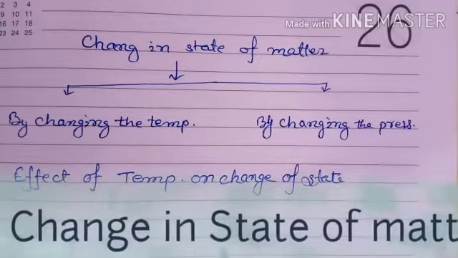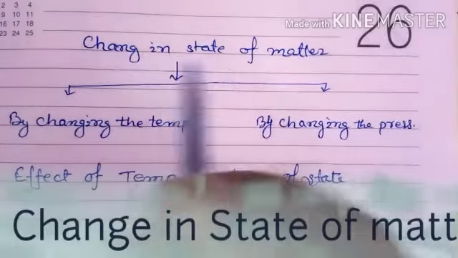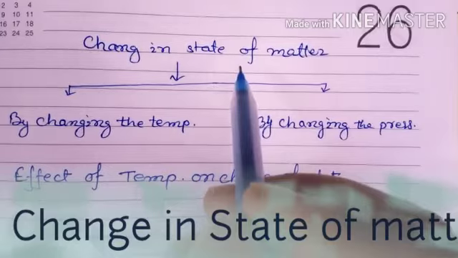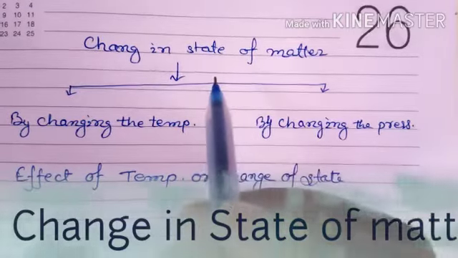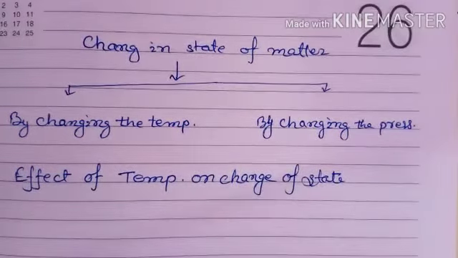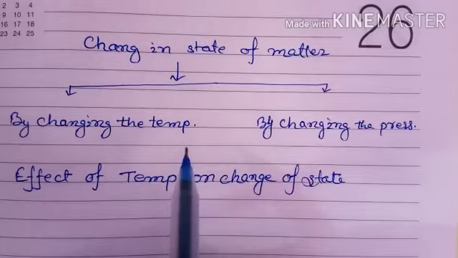Now we'll discuss the change in state of matter. And the first question is, why does the change in state take place? It is actually because of the change in interparticle spaces and interparticle forces.